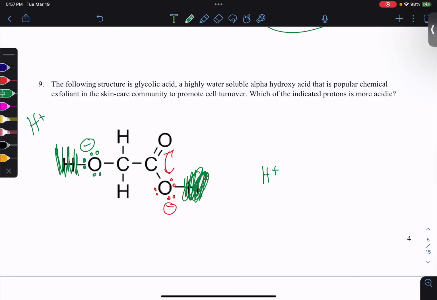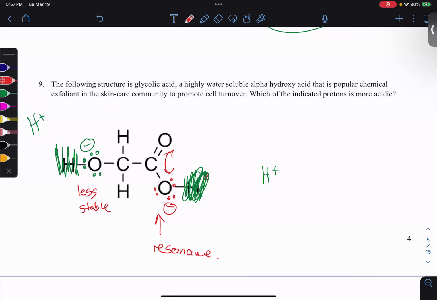It cannot. So this is much less stable than this one. This one can do resonance, so that is resonance. So the second proton is very acidic because what's left behind is very stable.